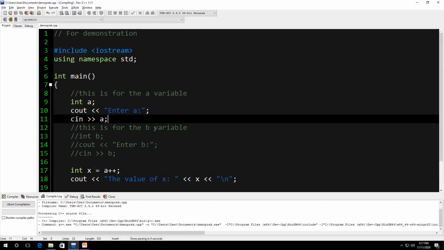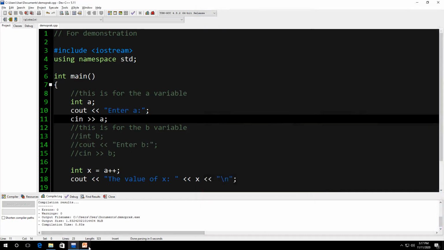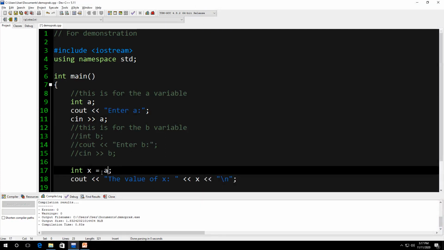Okay, so let's try it. So if we put a number, it should be plus 1 since we increment it by 1. So if we put 6, it should give you a plus plus. I think it should be here. Let's try.